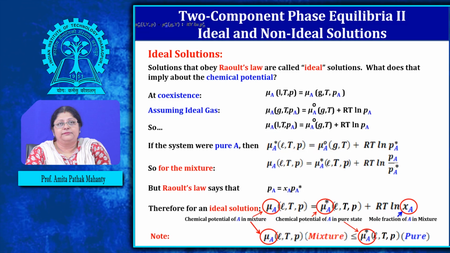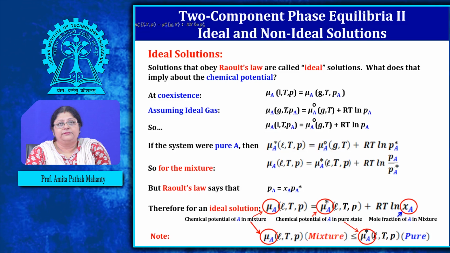According to Raoult's law, the partial pressure of that component is equal to the mole fraction of that particular species times the vapor pressure of that species in the pure state. If I plug this into this expression, then what do I get?